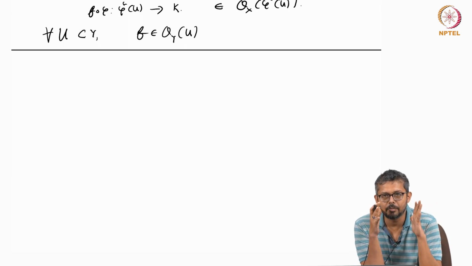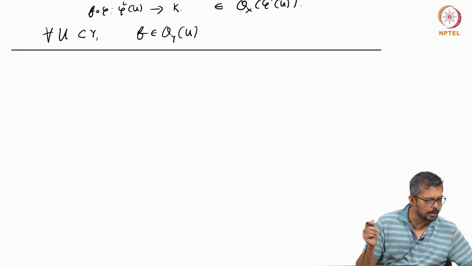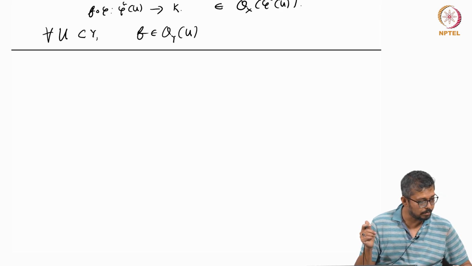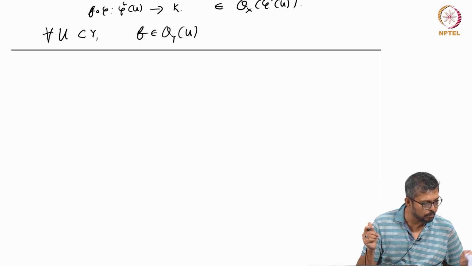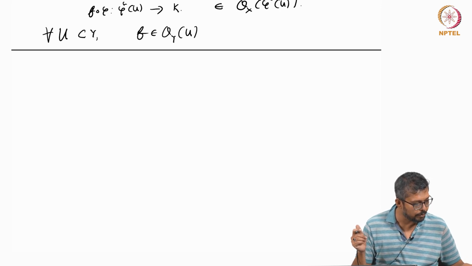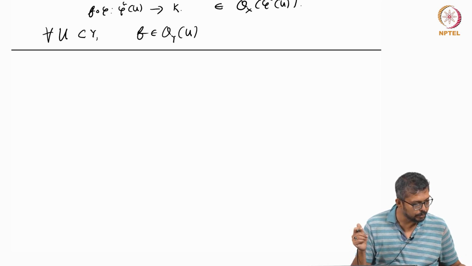We can replace one affine by quasi-affine. So that is the theorem. But before that, I need to define some more things. I should say how this sheaf of functions looks like. This is the sheaf of regular functions.